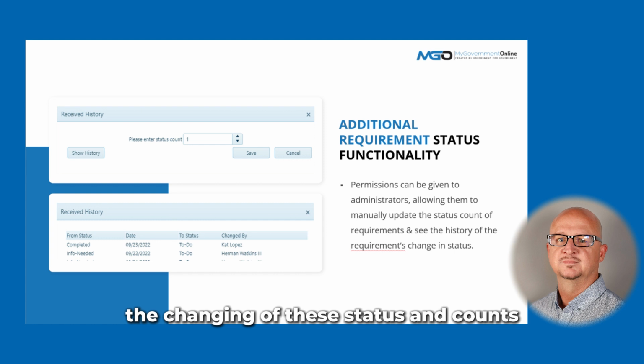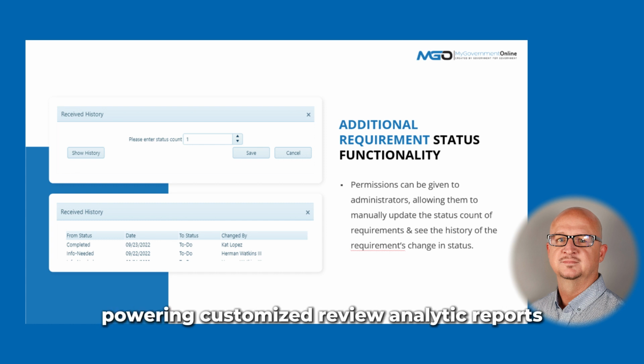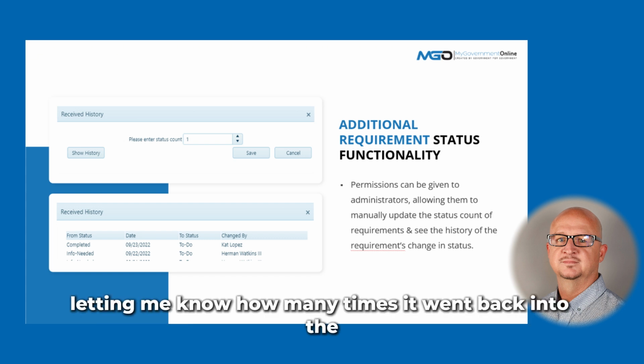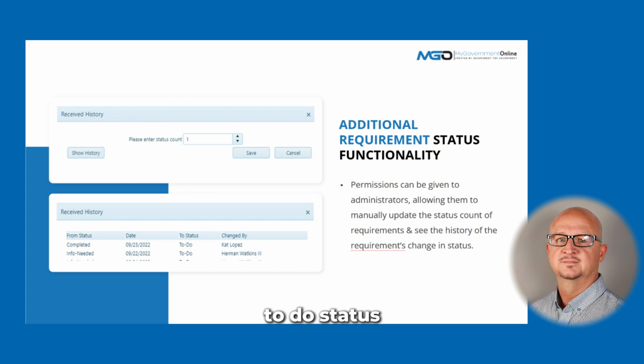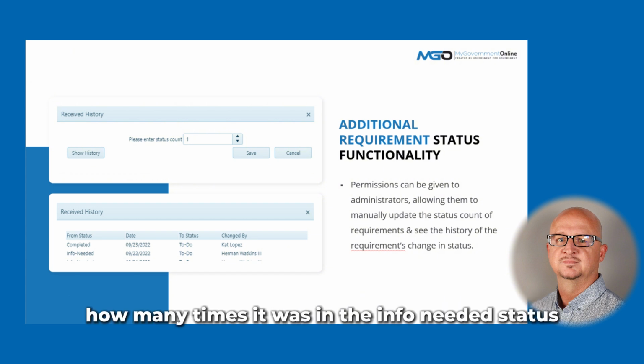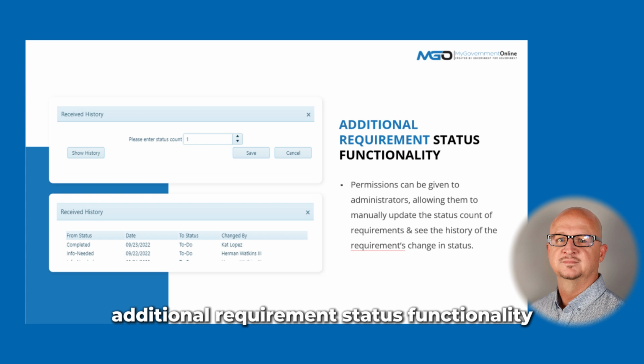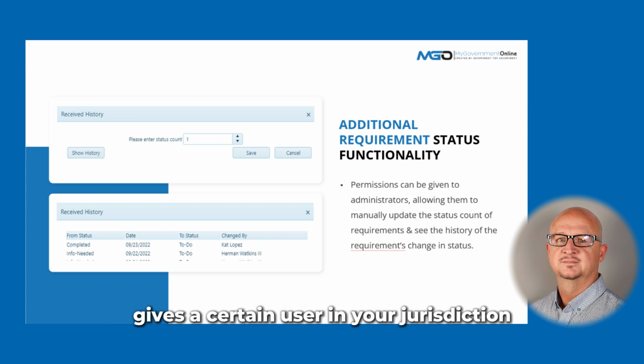The changing of these statuses and counts can all be used as data, powering customized review analytic reports, letting me know how many times it went back into the to-do status, how many times it was in the info needed status. Additional requirement status functionality gives a certain user in your jurisdiction the ability to adjust that requirement count if need be.